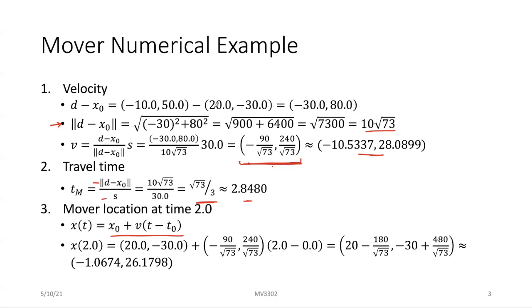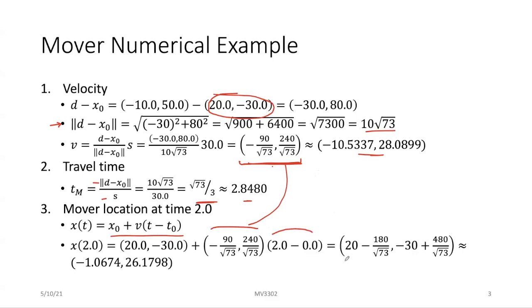So this is important to plug in the right things. So remember, our x naught was this value right here, 20 minus 30. We have our velocity here. So where do we get that? That was from here. And then the difference in time. So we have a time of 2, and we started at a time of 0.